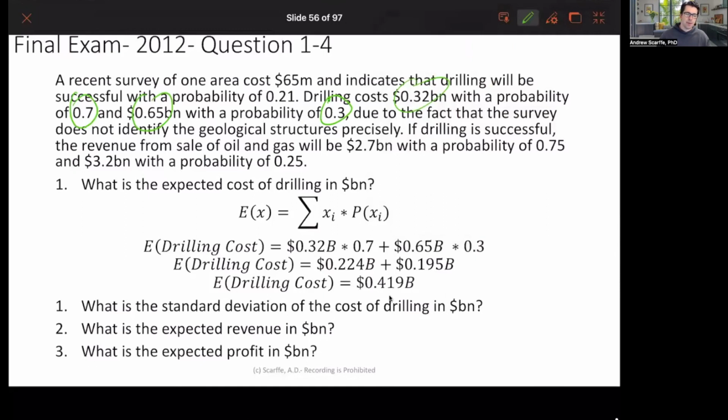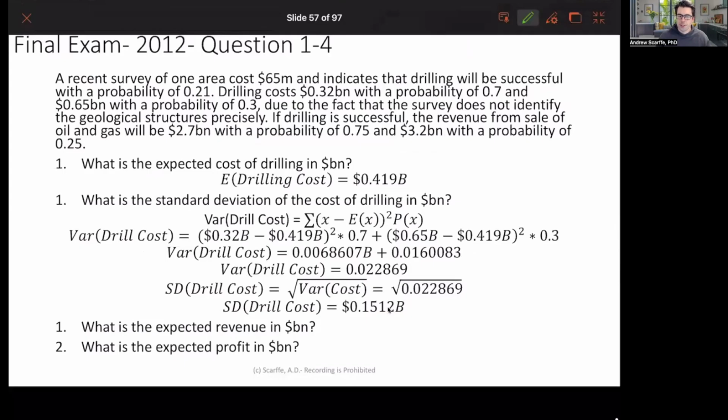We're then asked, what is the standard deviation of the drilling cost in billions of dollars? Well, first we're going to go ahead and calculate our variance. So our variance is equal to the sum of the observed value of X minus the expected value of X squared times the corresponding probability of X. So 0.32 billion minus 0.419 billion squared times the probability that that event occurs, which is 0.7, plus 0.65 billion minus 0.419 billion, that's what we calculated in A, squared times 0.3.